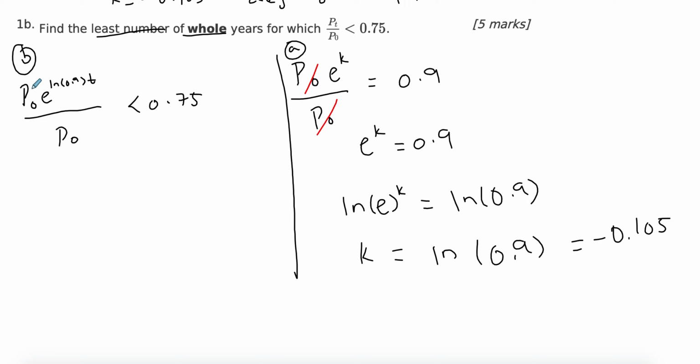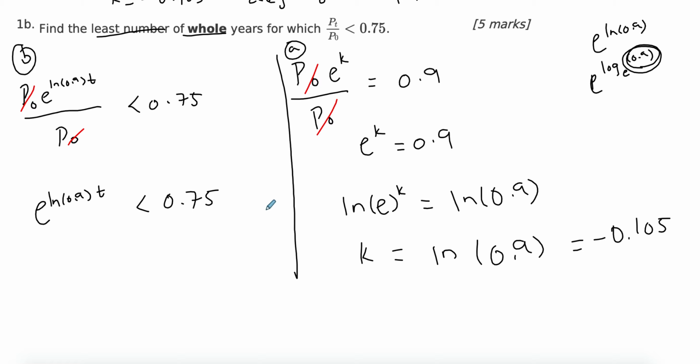So again, the P of 0's will cancel out, and you are left with e to the power of ln 0.9 t less than 0.75. We've done an example like this before, where e to the power of ln 0.9 is the same as e to the power of log base e of 0.9, and if your base here and the base of the log are the same, all you take is the argument. So the argument becomes the answer.